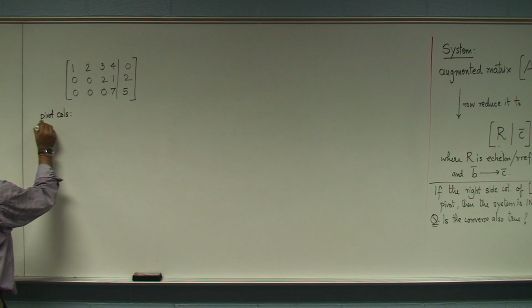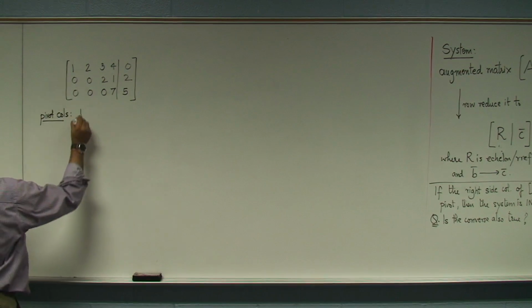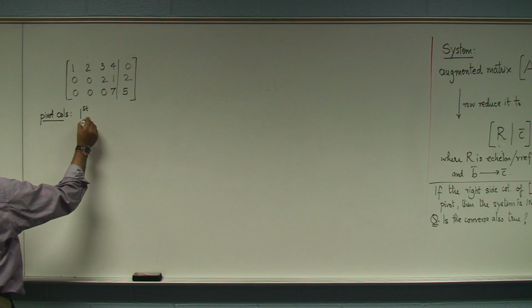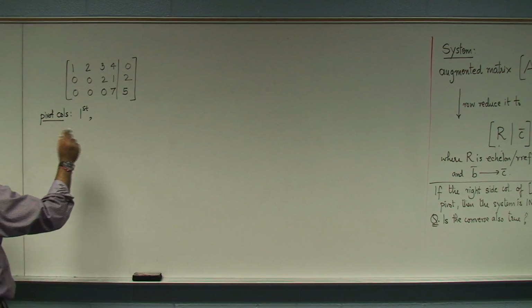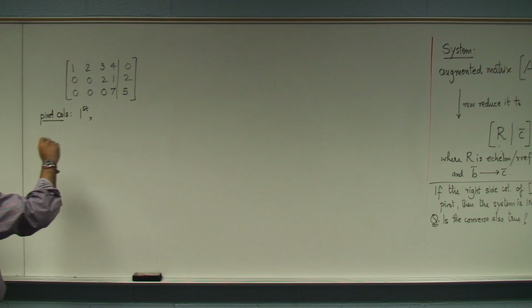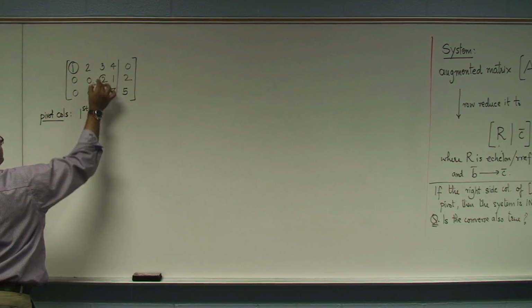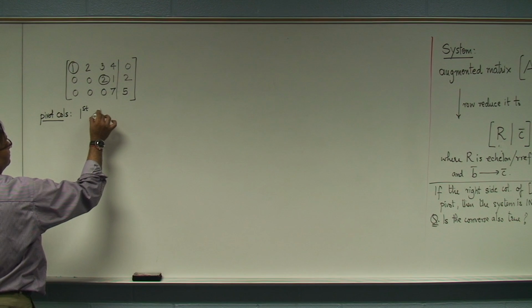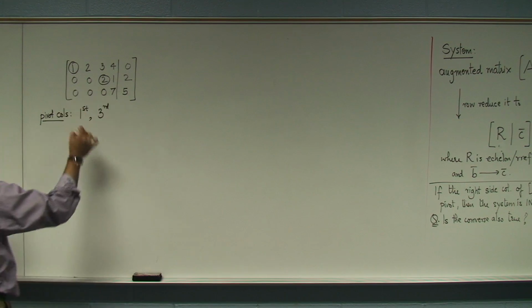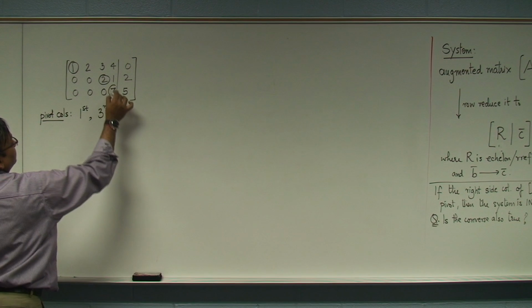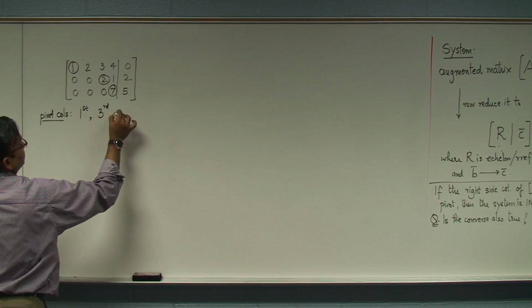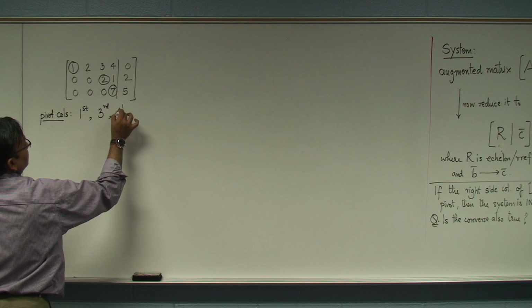let's see what happens. The first column is a pivot column because it has 1 as its pivot entry. The second column is not a pivot column because it doesn't have a pivot entry. The third column is a pivot column because it has the pivot entry 2. The fourth column has a pivot because it has entry 7.